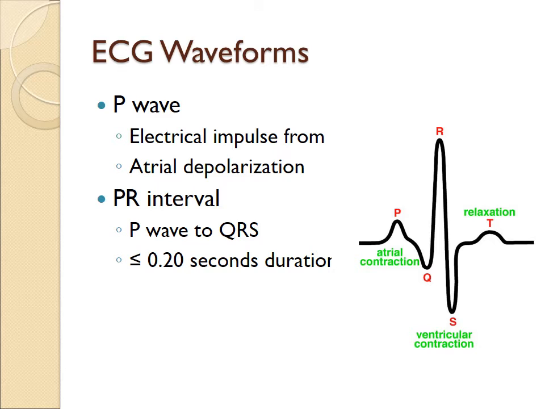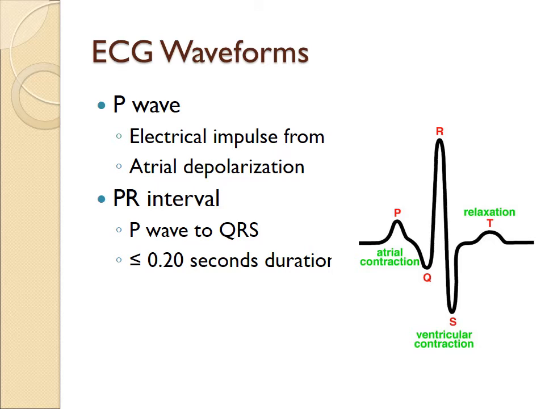The QRS is the next wave that we're going to look at, and that is the ventricular depolarization. This is a large complex of 3 waves, the Q, the R, and the S waves, and each person's complex can look a little different. But regardless of how they look, whether the Q is going up or going down, everyone's is called a QRS.